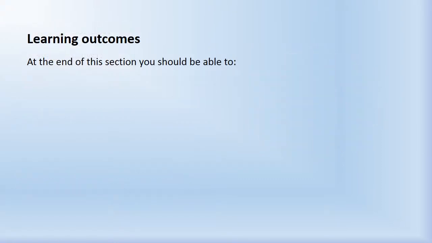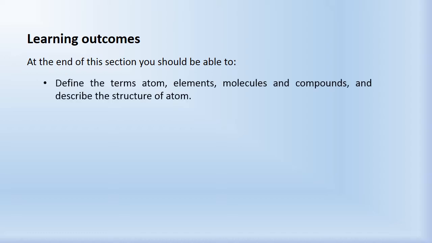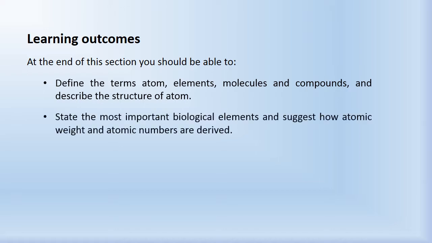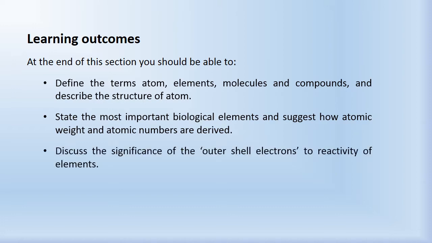So, learning outcomes. At the end of this part 1 of 3, you should be able to define the terms atom, elements, molecules and compounds, and describe the structure of an atom. State the most important biological elements and suggest how atomic weight and atomic numbers are derived.